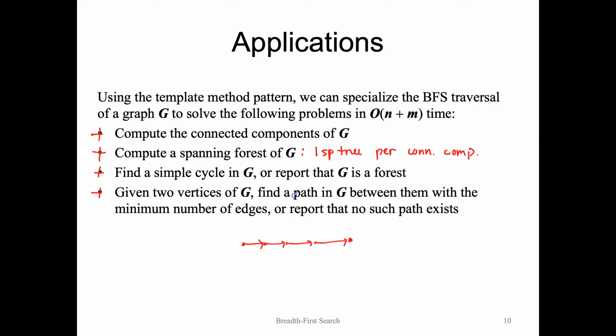So we can use breadth first search applied to all of the problems that we had wanted to solve before. And in fact, we also find between these 2 vertices a shortest path, and in this case, because we have an unweighted graph, a shortest path just means that we're using the least number of edges. So we'll see how this compares to depth first search in the next video.